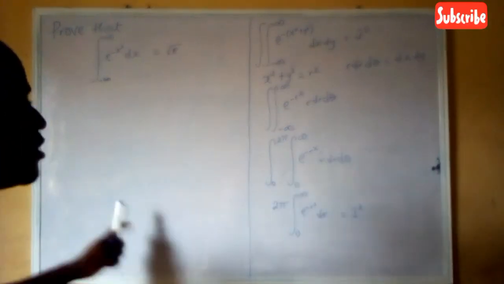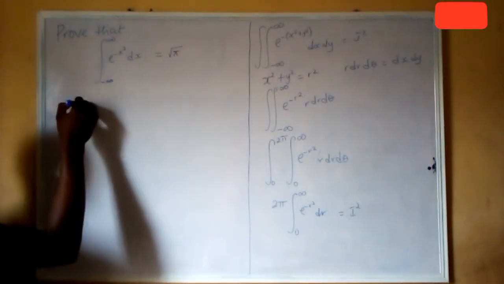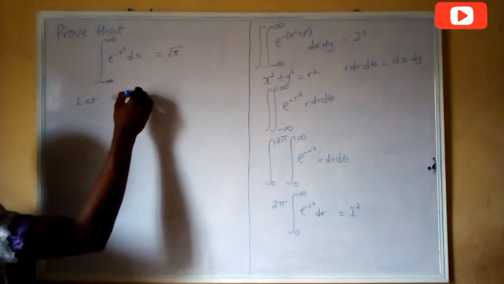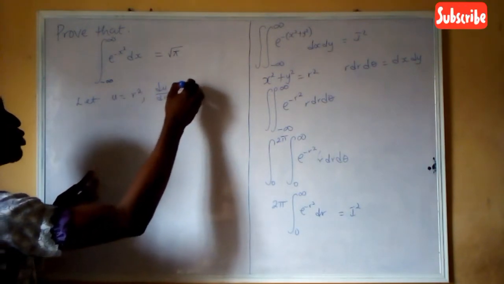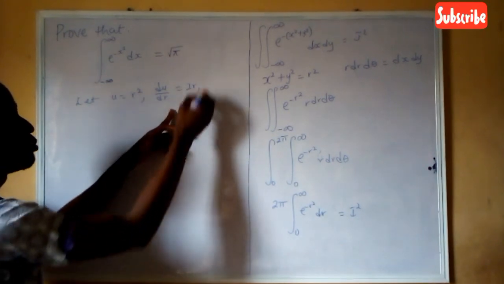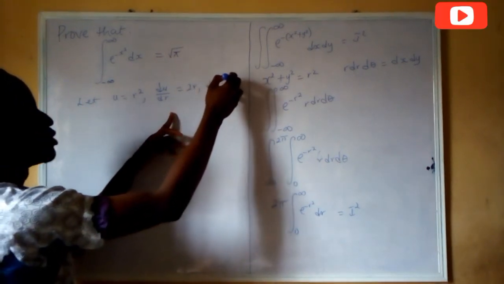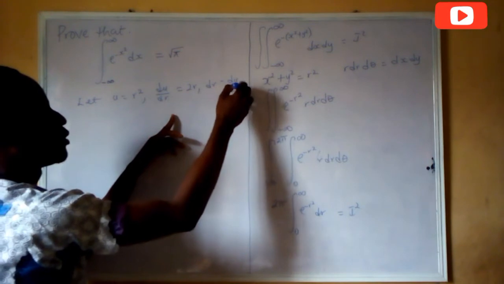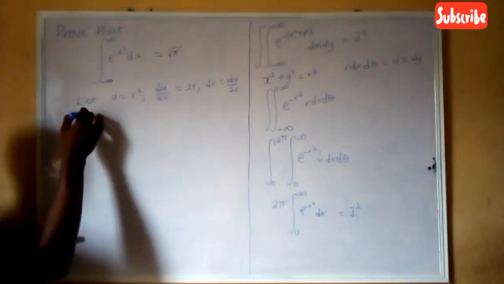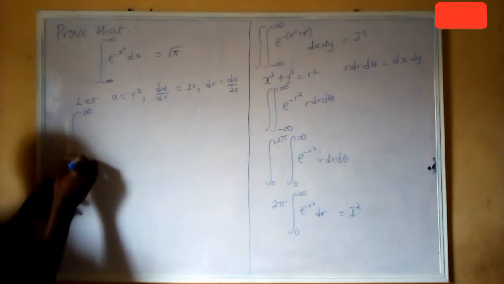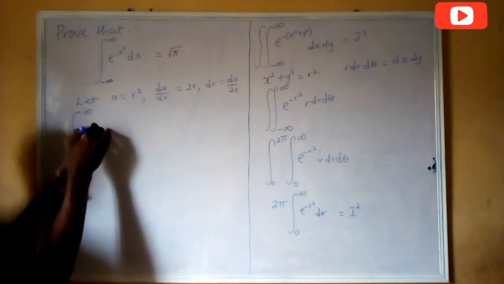Now we can say let u equal r squared, so that du is 2r dr, and at the same time dr is du over 2r. Substituting that into the integral, we have the integral from 0 to infinity of e raised to the power minus u.